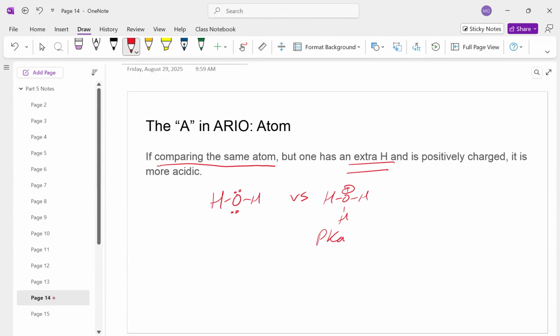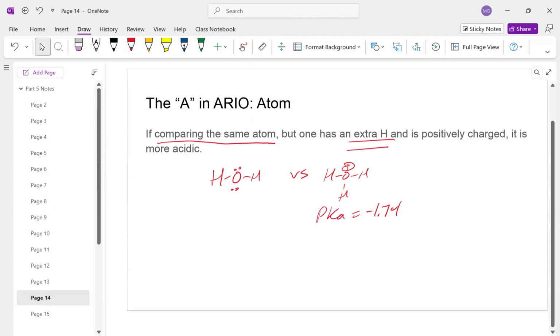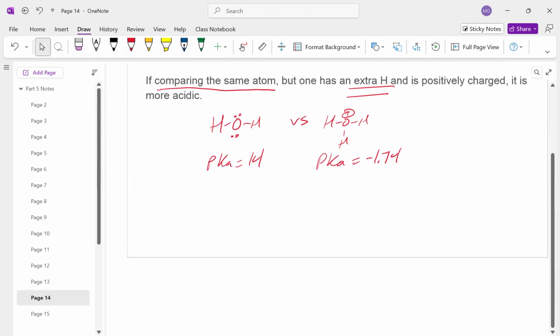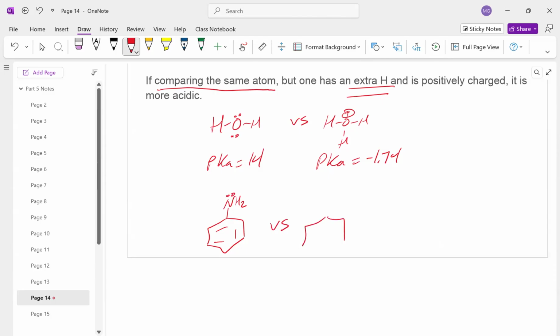The pKa of hydronium is negative 1.74. That's pretty acidic. The pKa of water is 14. Not so much. Let's get a little bit more organic in nature here. So let's look at this amine compared to this one.